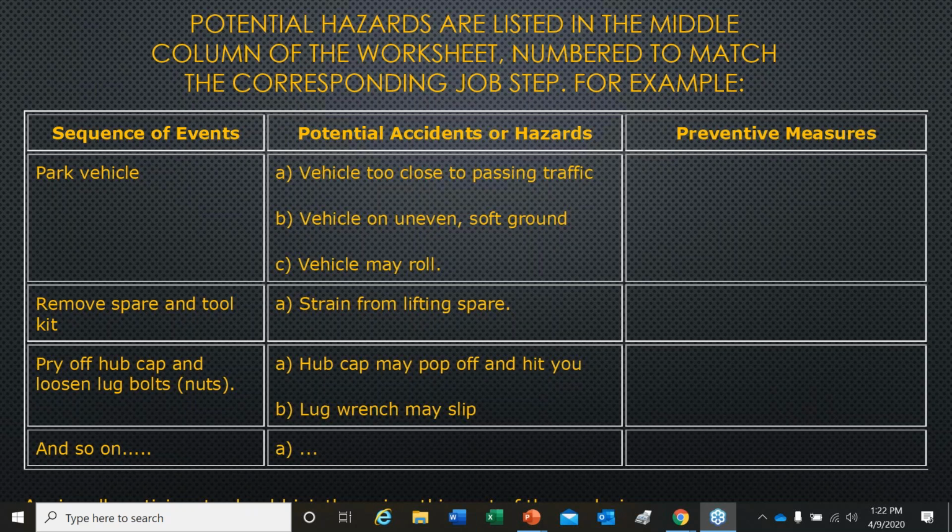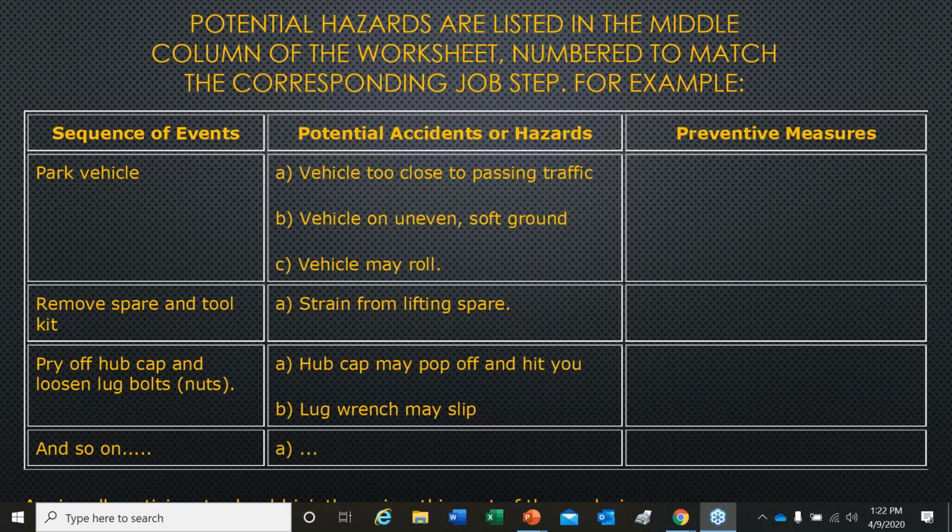So you've got a flat tire, you pull off and you're straddling the fog line, that white line along the side of the road. You could be on a road with a very narrow shoulder and it could be uneven and soft ground. Your vehicle could roll over. And as you go through these different things, you're going to try to highlight, what did I see? And write all those notes in the hazards section of it.